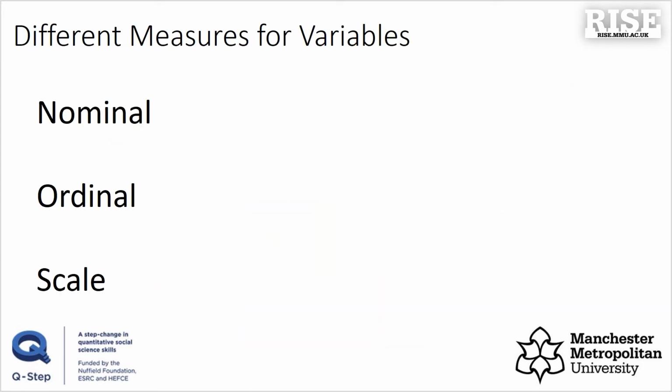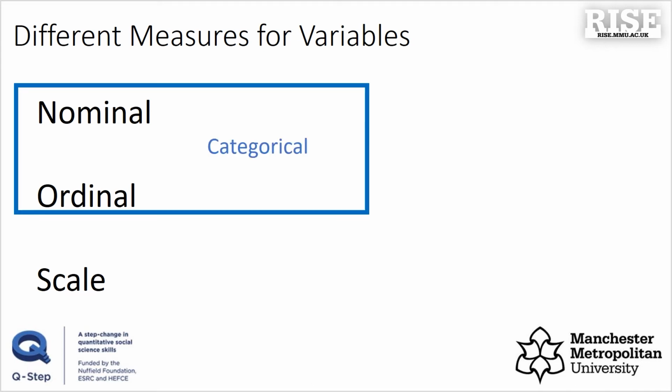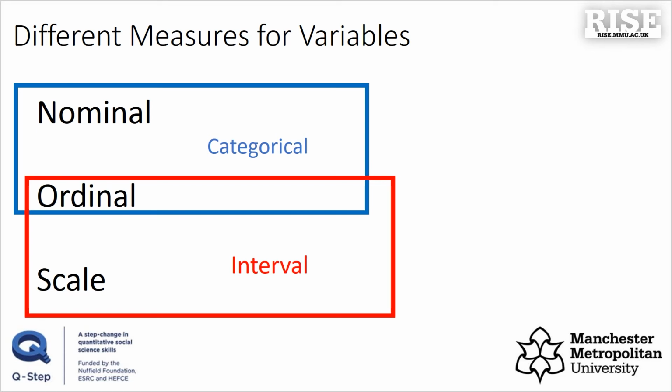Now, you might have noticed in those last two slides that age was in both categorical and numerical data, because age is a common example of a variable measure that can be whatever we want it to be. Now, nominal and ordinal are what we class as categorical data, and ordinal and scale are what we class as interval data, which is another word for numerical data.